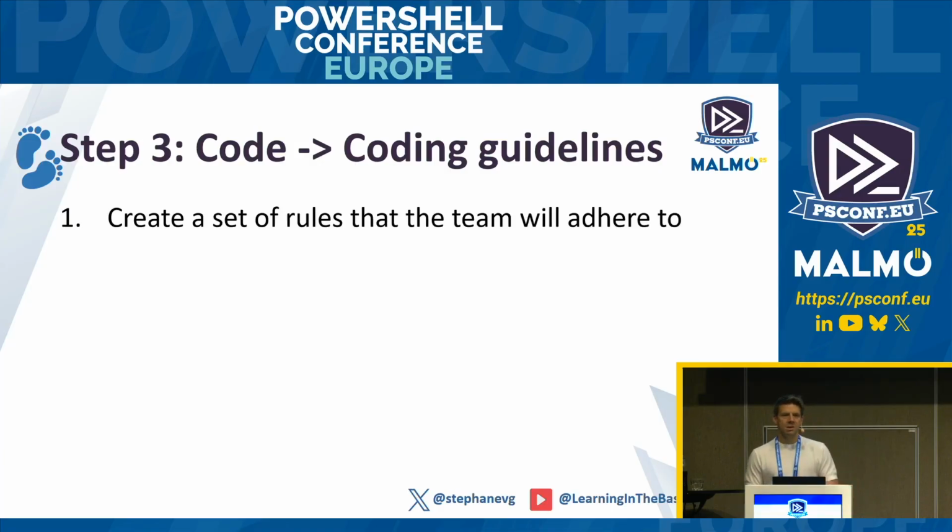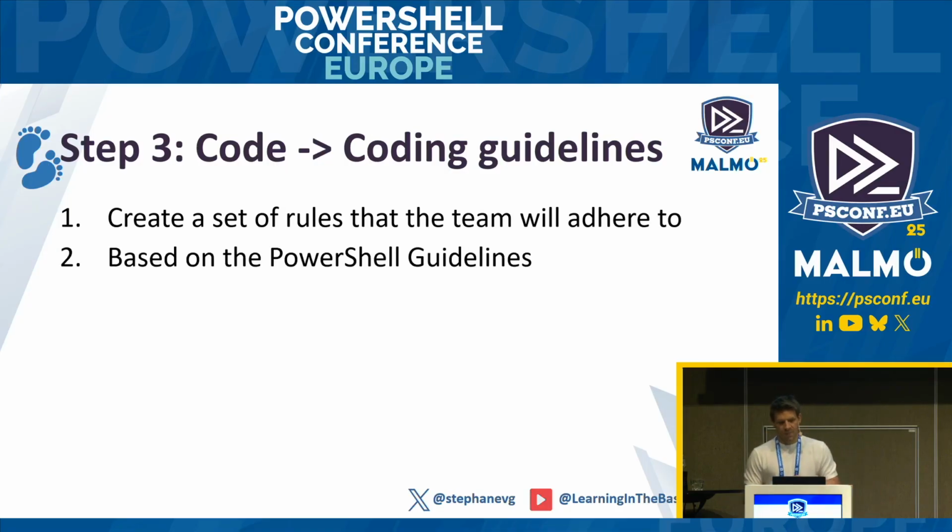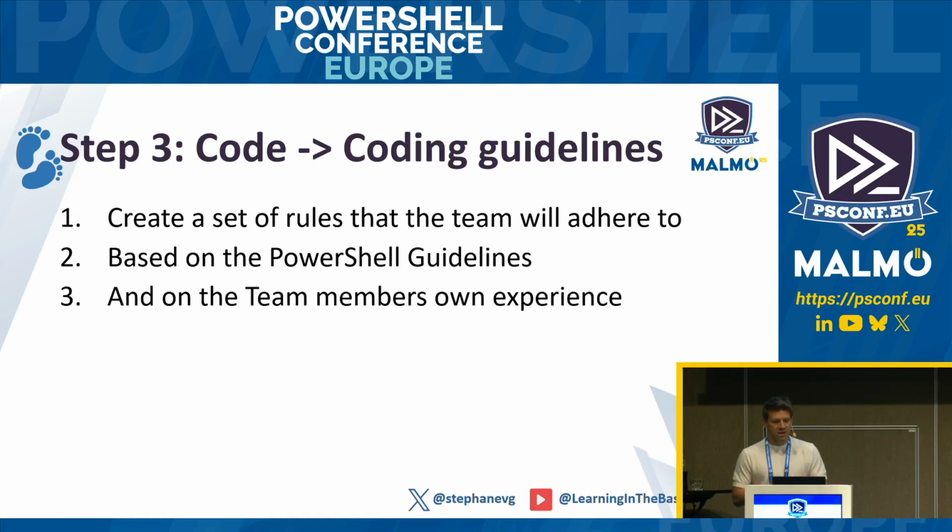When you're in a team, you can go ahead and create a set of rules that your team will adhere to regarding the code structure and the code processes. You can base it on the PowerShell guidelines, which is great. You don't have to start from scratch. You can actually copy and paste this or parts of it, and also base it on the team members' own experience.